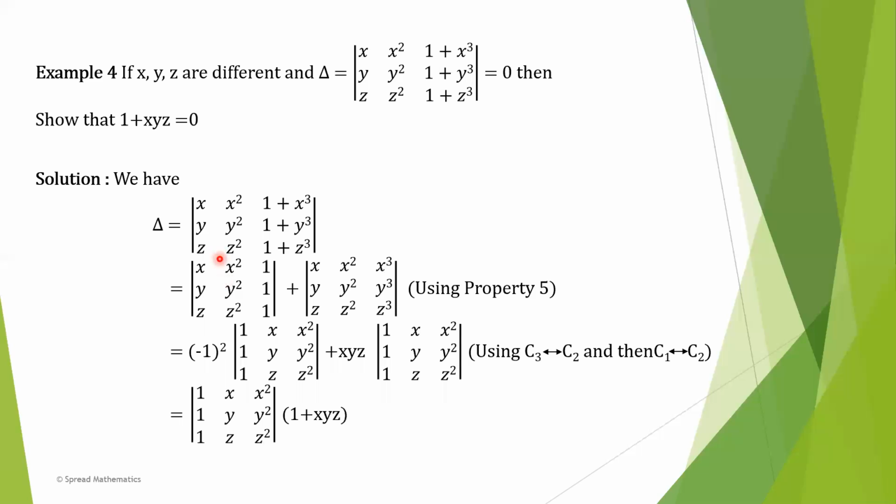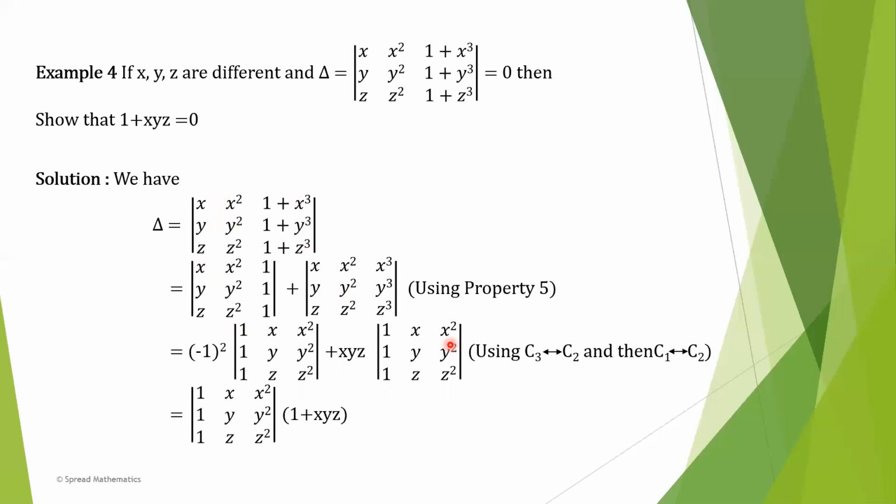So we get first determinant x, x square 1, y, y square 1, z, z square 1. And second determinant will be x, x square, x cube, y, y square, y cube, z, z square, z cube.